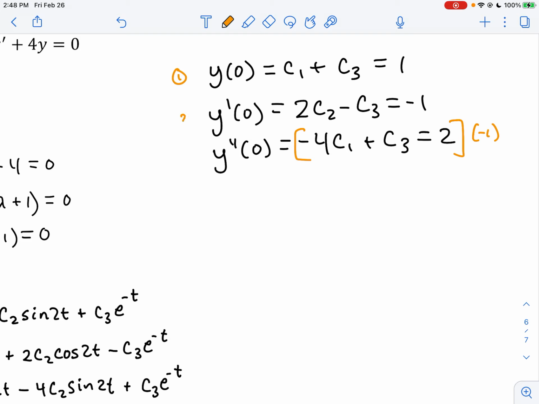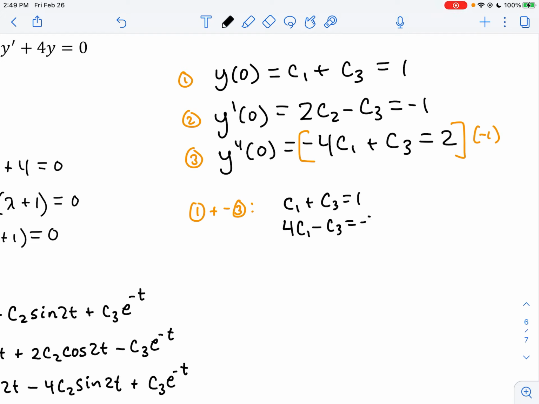And let's number our equations. 1, 2, and 3. So effectively what I'm going to do here is I'm going to do equation 1, and I'm going to add to that the opposite of equation 3. So I'm going to just rewrite equation 1. c1 plus c3 equals 1. And then the opposite of equation 3 would be 4c1 minus c3 equals -2.